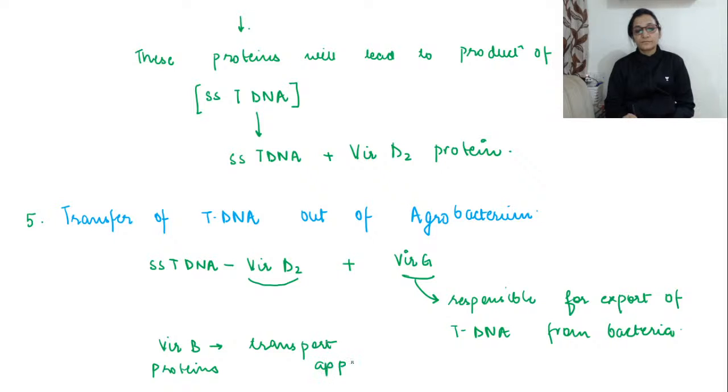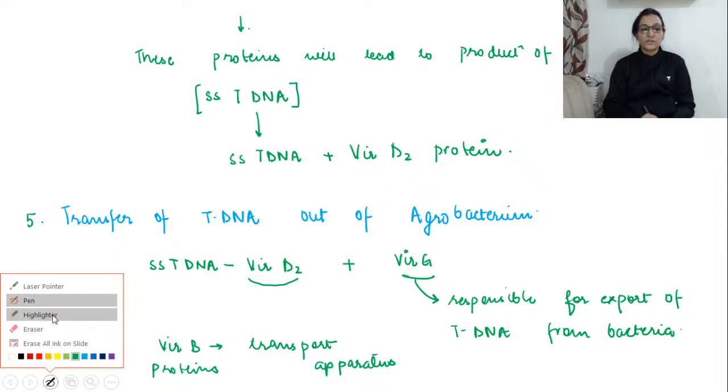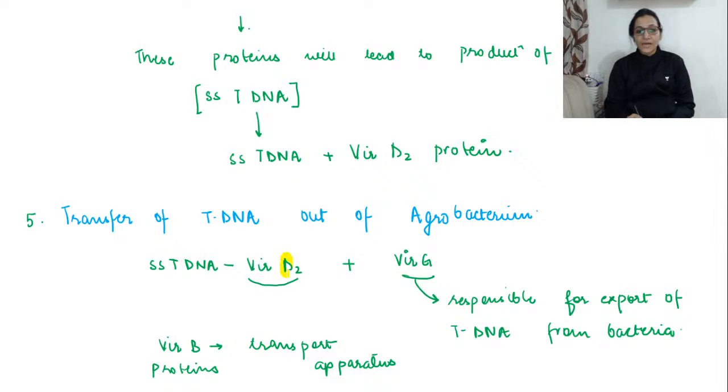I'll just highlight that we have seen Vir D2 is the protection, G is for export and B is for forming the transport apparatus. Right? It will form the channel and all those things.